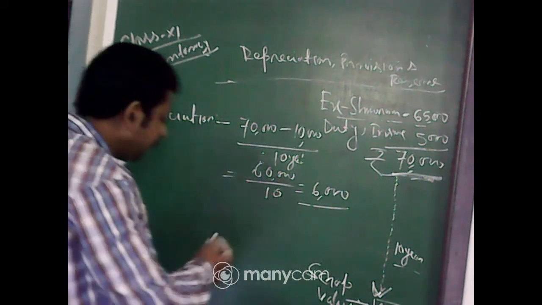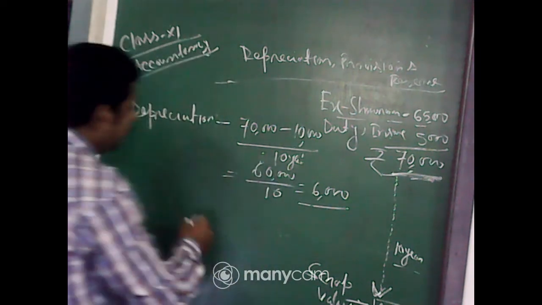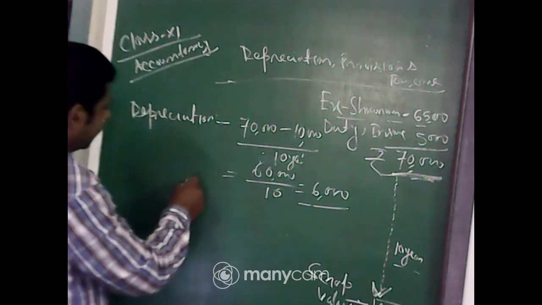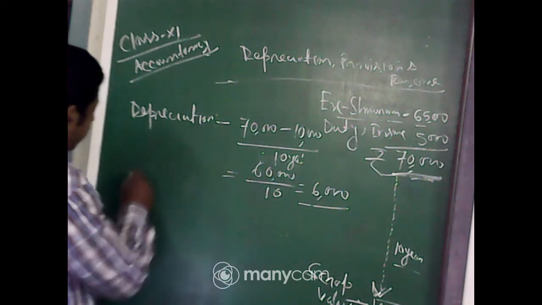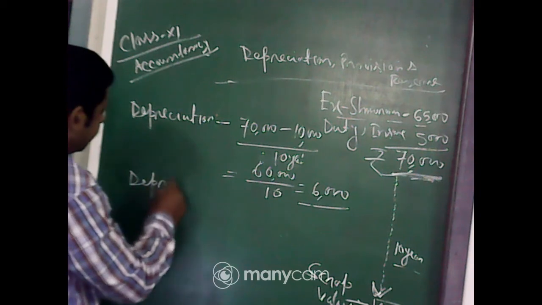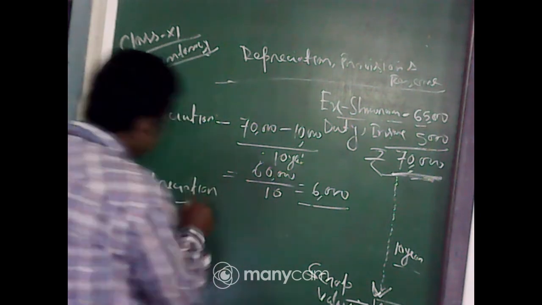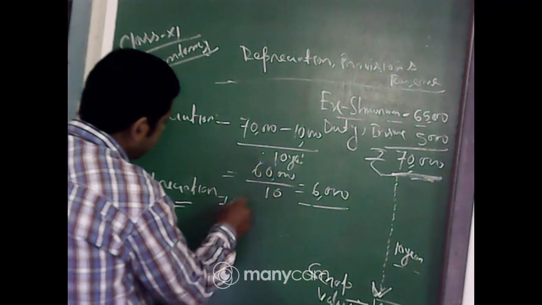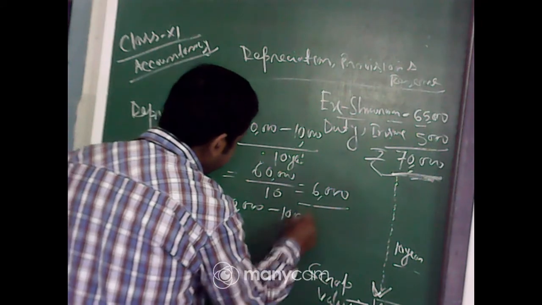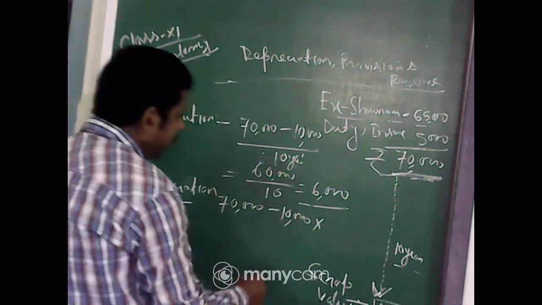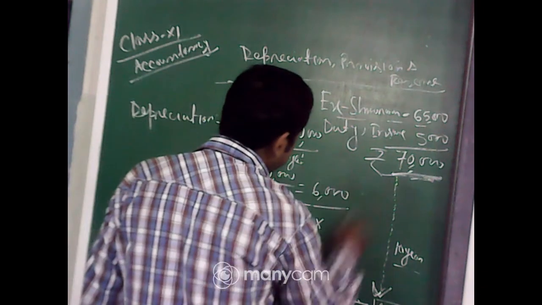Another way: sometimes in the question, instead of 10 years they give the percentage. So you can find depreciation in this way: depreciation equals the cost of the machine minus scrap value, in this case 10,000, into the rate. 6,000 for 10 years means that is 10%.